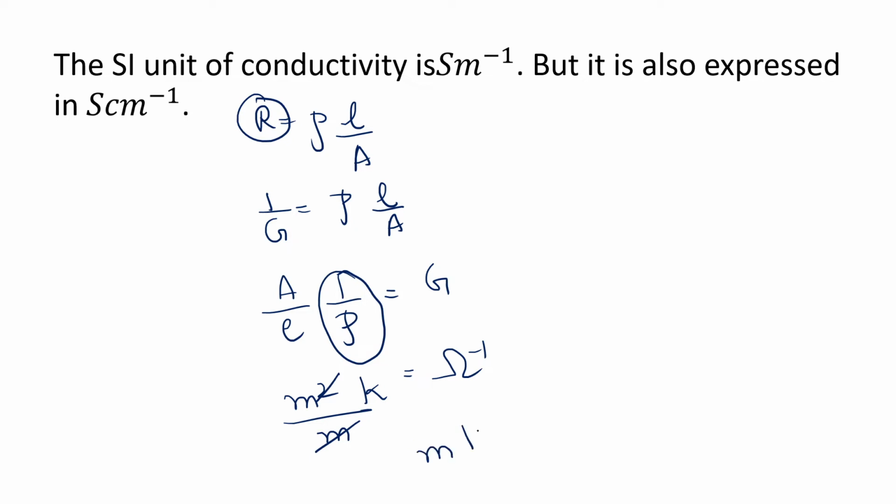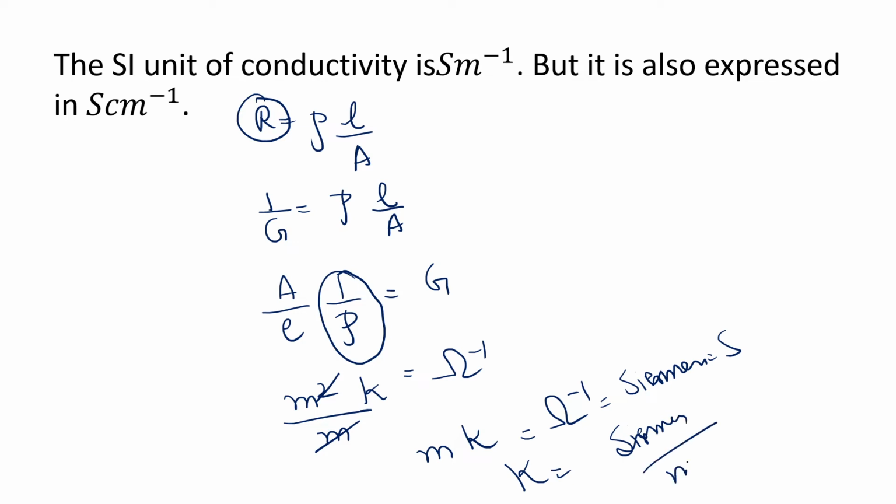So meter into conductivity will give us Siemens, or ohm inverse, or we can just call it Siemens, represented by S. So unit of conductivity will be Siemens divided by meter, or Siemens meter inverse. That's how they calculated the units over here.